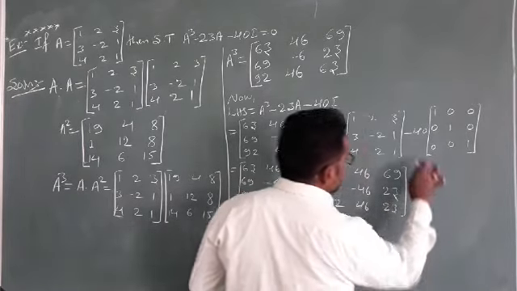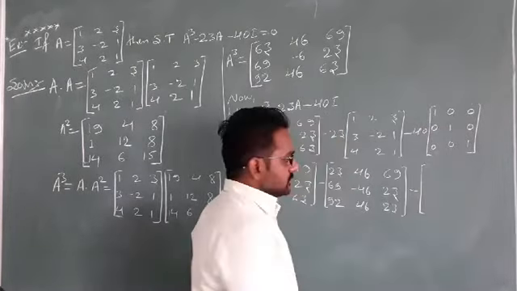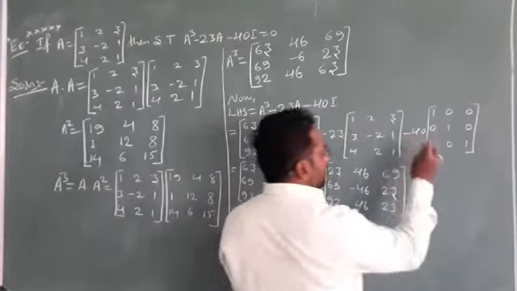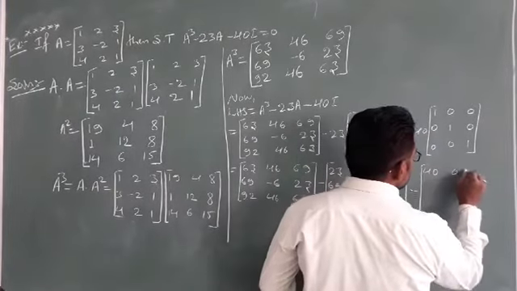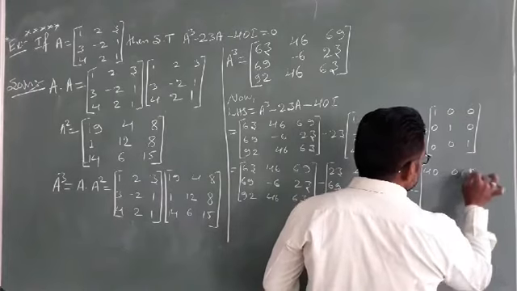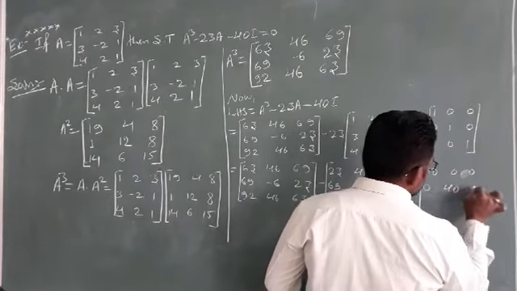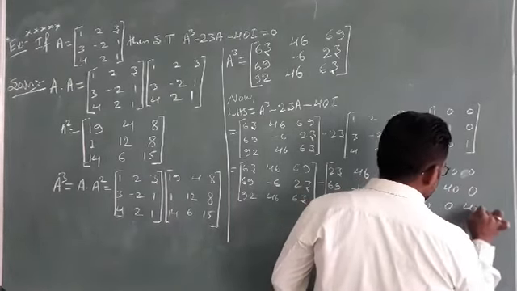Minus 40 into each value, keep the minus as it is: 40, 0, 0, 0, 40, 0, 0, 0, 40.